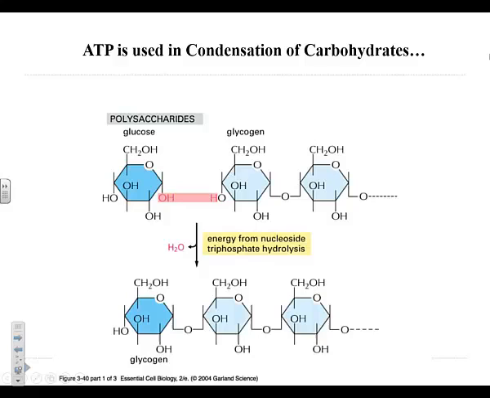So in the growing chain of glycogen, when a monosaccharide is added, it's a condensation reaction using the energy from the release of that last phosphate. Okay, so it doesn't show that second reaction here. It's only showing the unfavorable reaction here. But together, it will enable the building of the macromolecule, the polymer of glycogen.